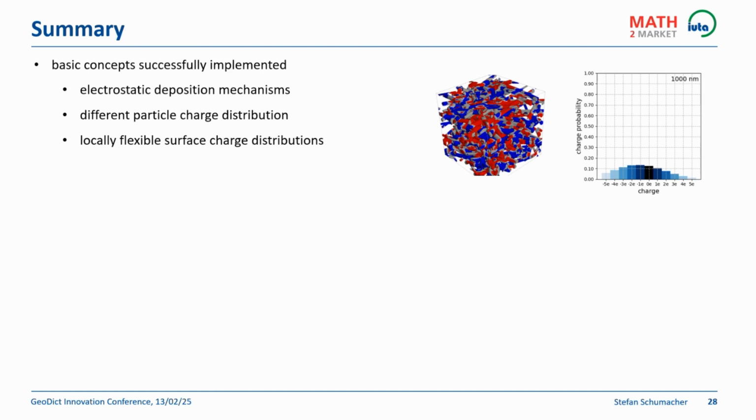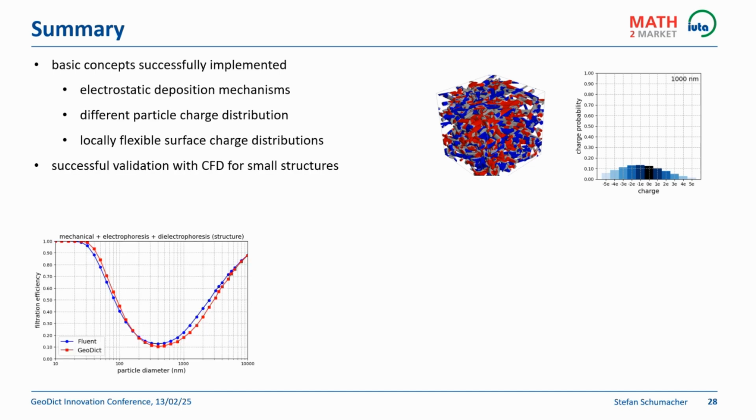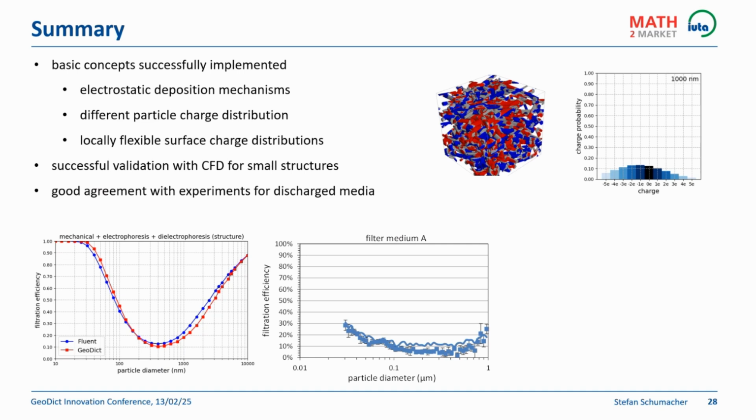Okay, so to summarize, we have successfully implemented, let's say, the fundamental physics, so the deposition mechanisms, and the charge distribution on the fibers and on the particles. We have validated with an independent program that these are all correctly implemented.